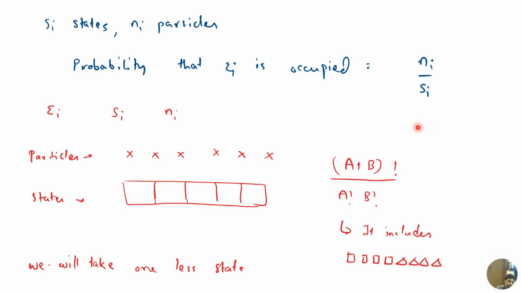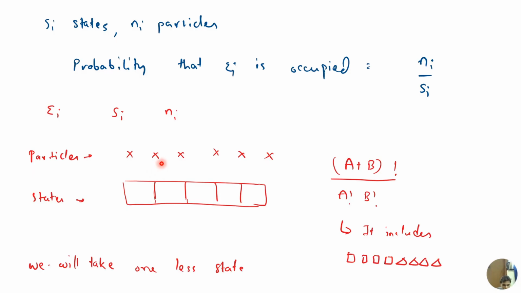So what we want to do is we want to look for situations, we want to fill these states with this many number of particles, subject to the condition that all of this can go into a particular box.